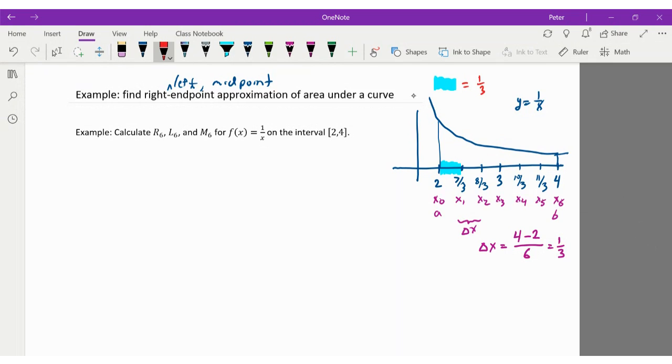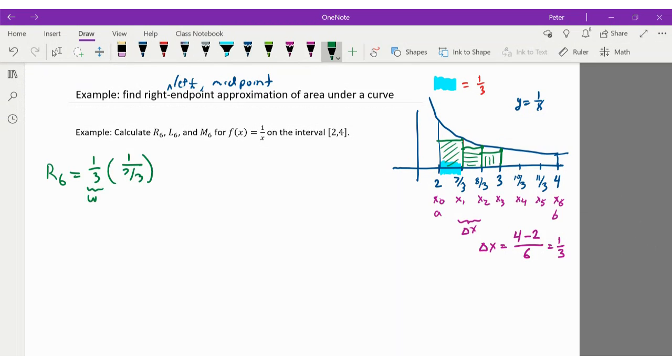So let me just draw here what the right endpoint approximation looks like. The right endpoint approximation is going to look like this. I'll keep going. I just don't want to clutter the drawing too much, but that's basically what it's going to look like, where I'm finding that area, that area, that area, and so on. So that R6 is going to equal 1/3 times 1 over 7 thirds. Now, where is this coming from?